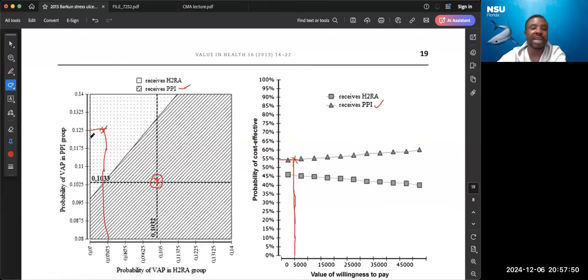This is just a hypothetical example, it's not part of the paper. I'm just saying that it depends on where the two plots will meet. Where they meet, you make your decision.